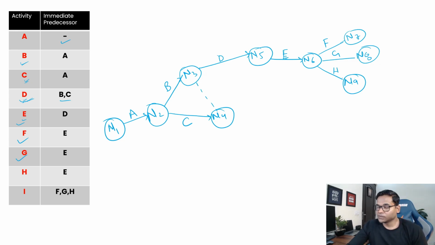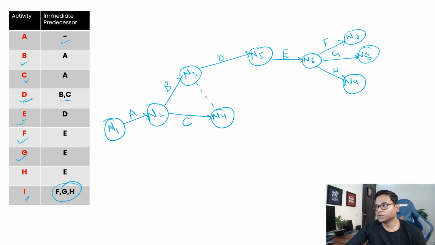Now your activity I is starting from a common point of F, G and H. F, G and H are three separate activity nodes, so they are not converging at a common point. To converge them at the same node, we need to draw a node here.